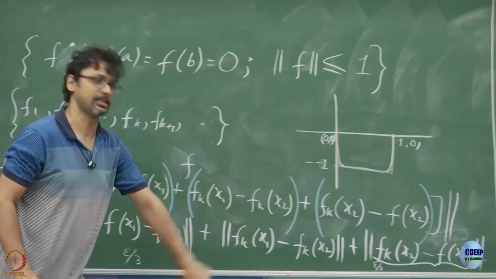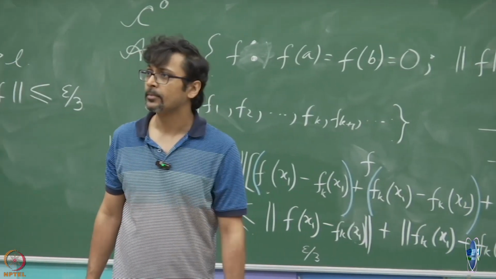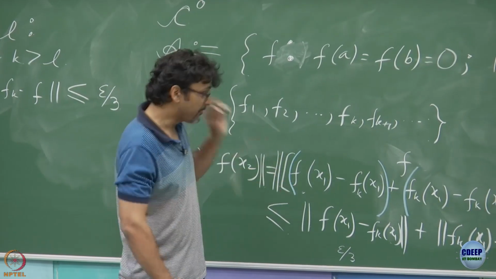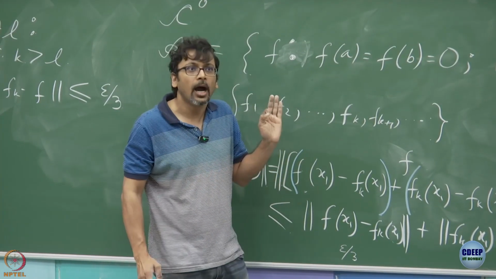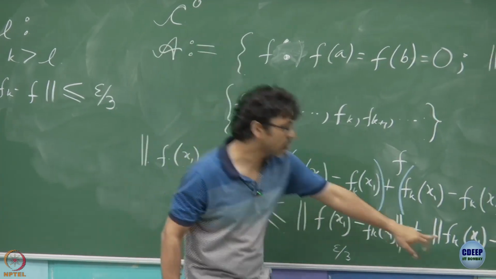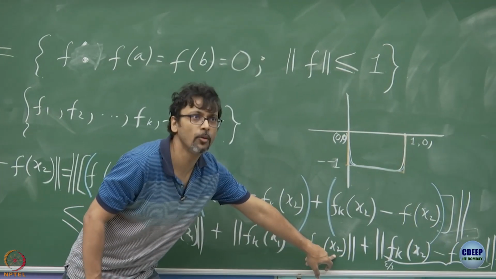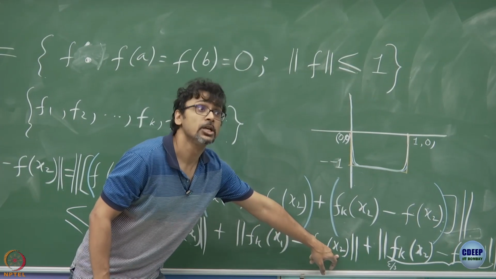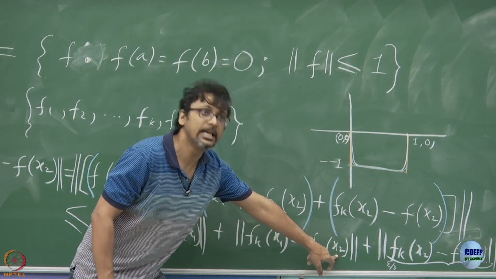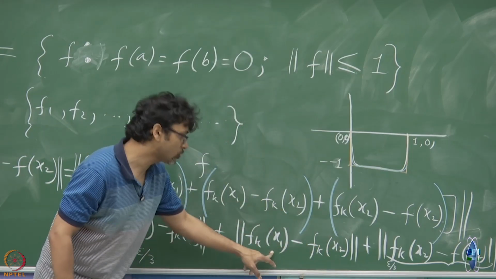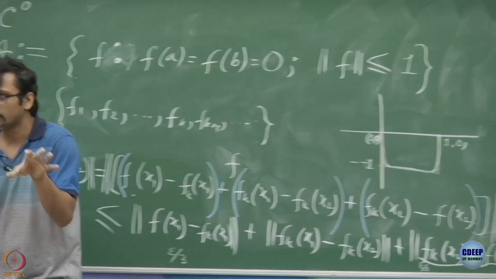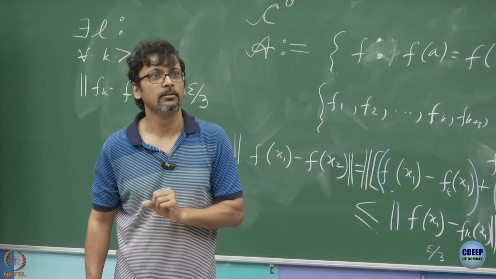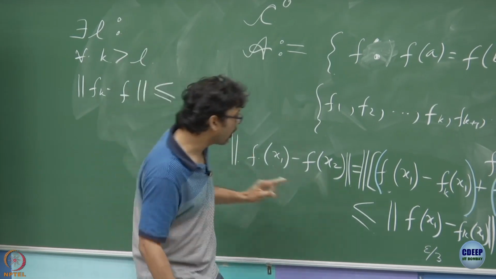What about this? What do we know about fk? It's continuous. If fk is continuous, I can always find some delta such that when the norm of x1 minus x2 is smaller than that delta, the norm of fk of x1 minus fk of x2 is also going to be smaller than epsilon by 3. And that is the delta that I am now going to invoke here.